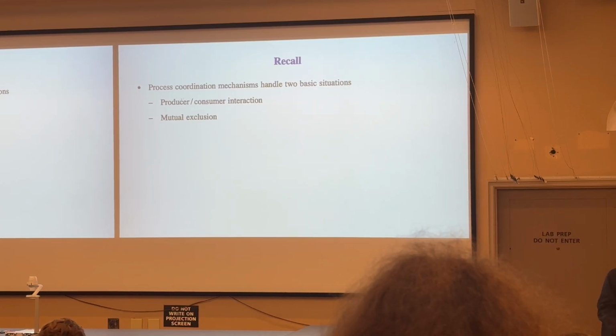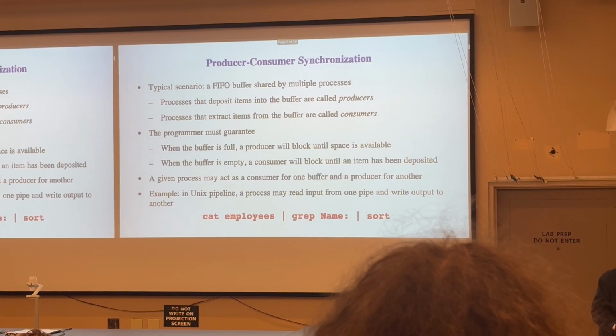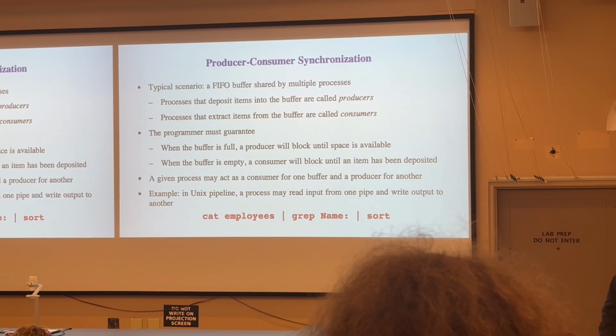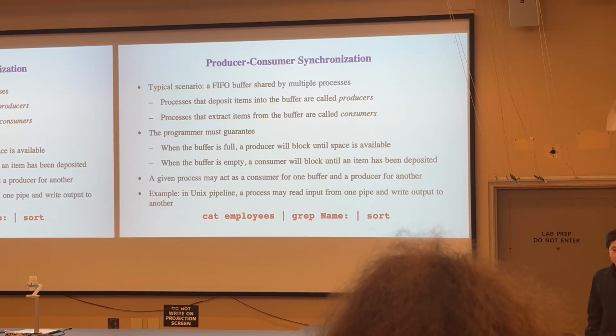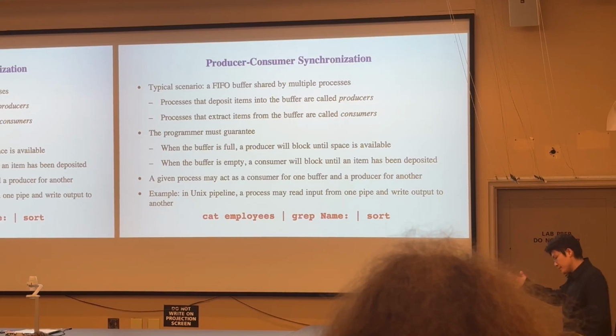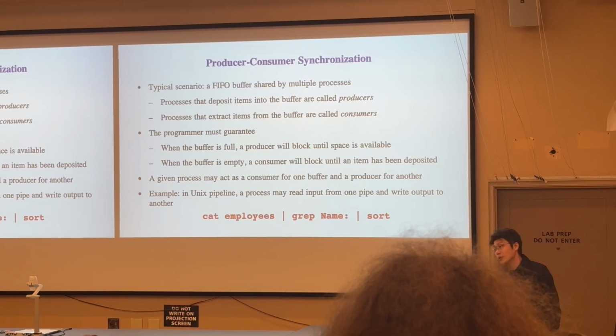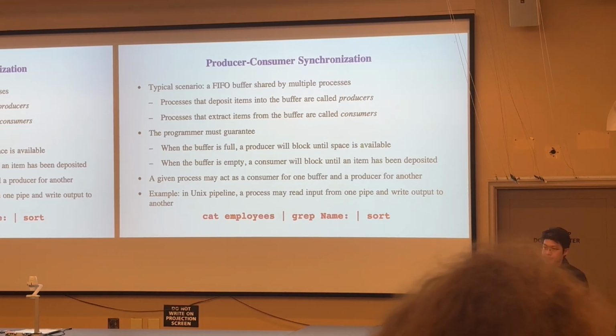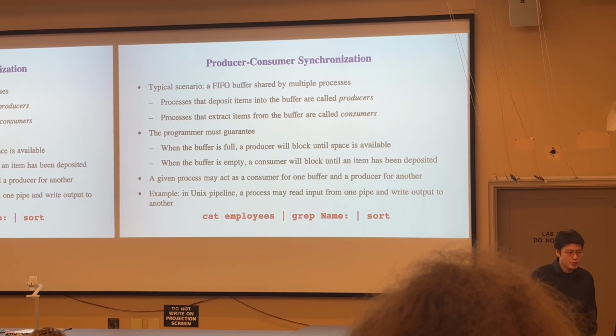Process coordination mechanisms handle two basic situations: producer-consumer interaction and mutual exclusion, which you have learned in 2x2. Producer-consumer synchronization is a pattern that fits using a semaphore to perform I/O.